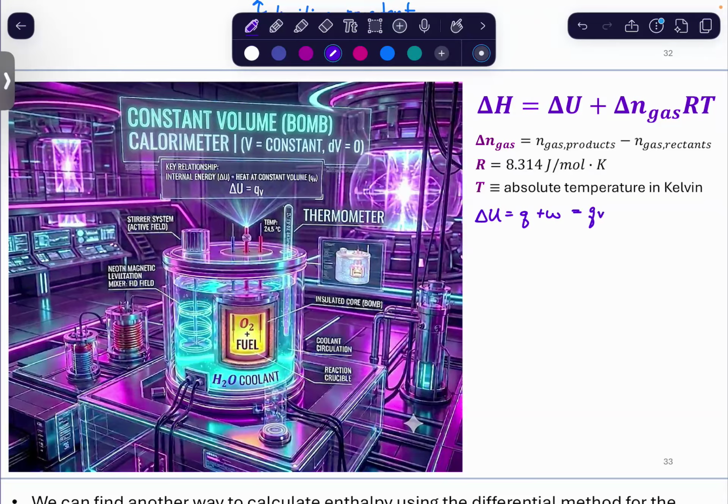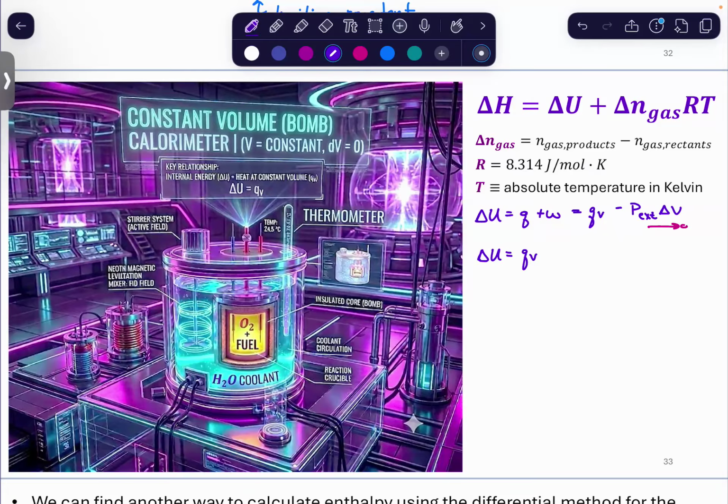So at constant volume, Q sub V minus P delta V, and at constant volume, delta V is 0. So what we get is delta U equals Q sub V. So in this case, for constant volume systems, heat is going to be a measure of the internal energy of the system.